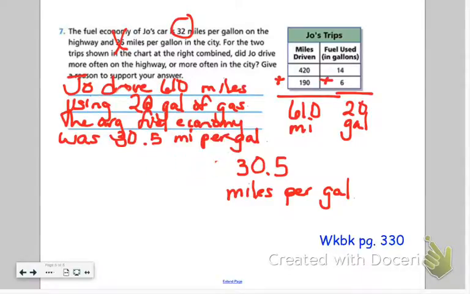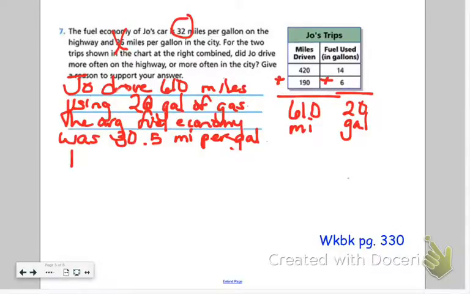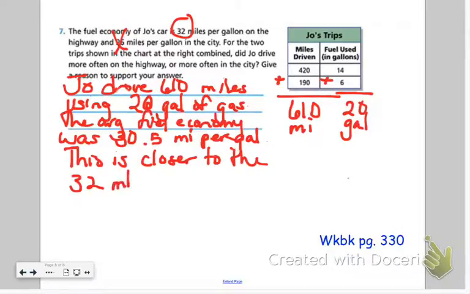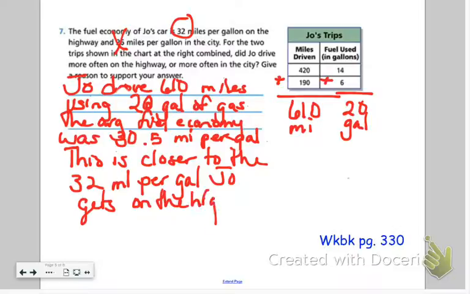Let me erase this a little bit. Okay, so the average fuel economy was 30.5 miles per gallon, and this is closer to the 32 miles per gallon Joe gets on the highway.